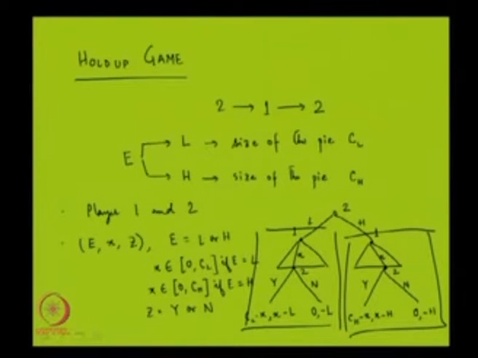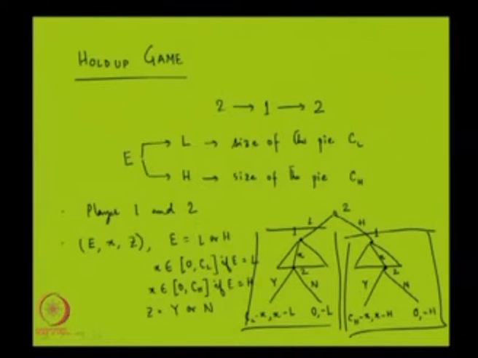In the subgame beginning after the history L, player 2's payoff in the equilibrium is minus L, whereas if the subgame begins after H, then player 2's payoff is minus H. And we know minus L is greater than minus H because H is greater than L. Therefore player 2 has to choose between L and H, and by choosing L he is getting minus L, and by choosing H he is getting minus H in equilibrium.